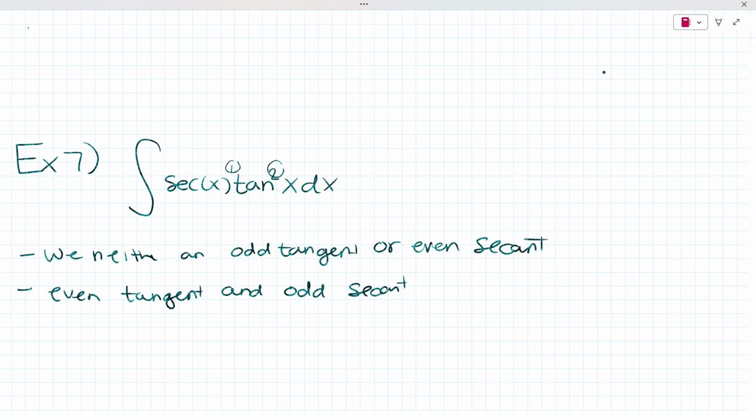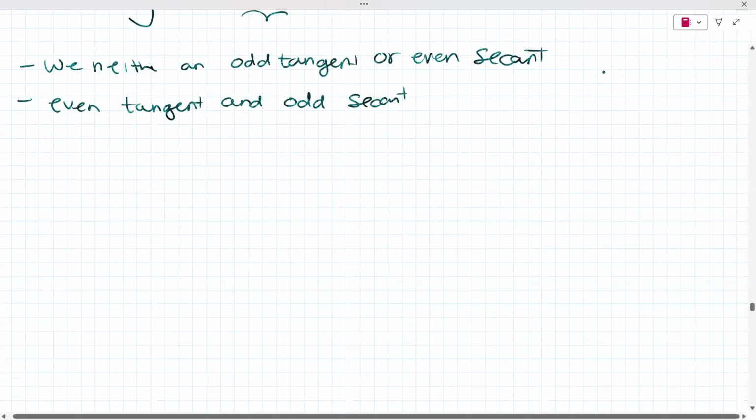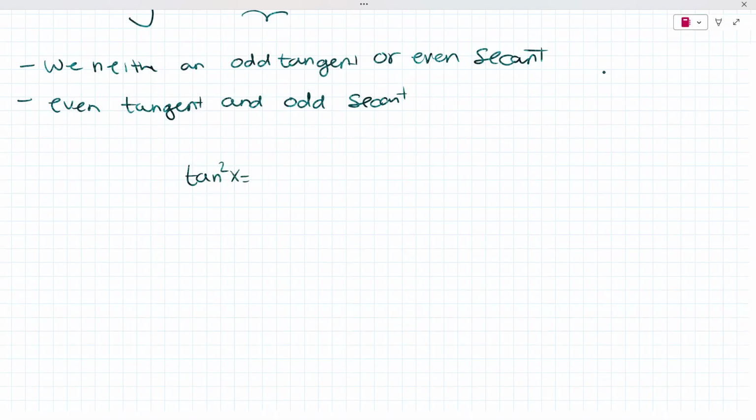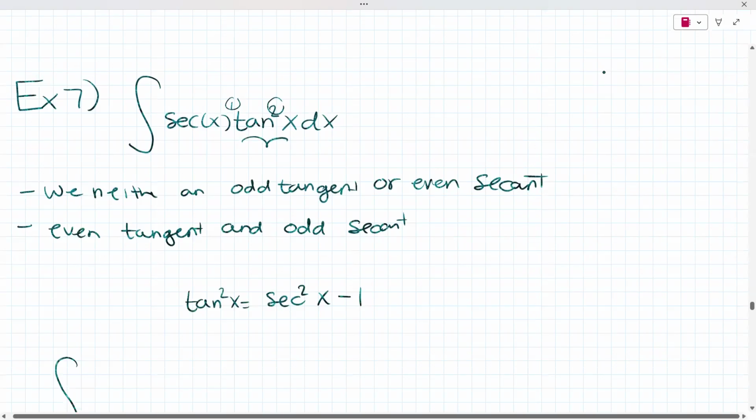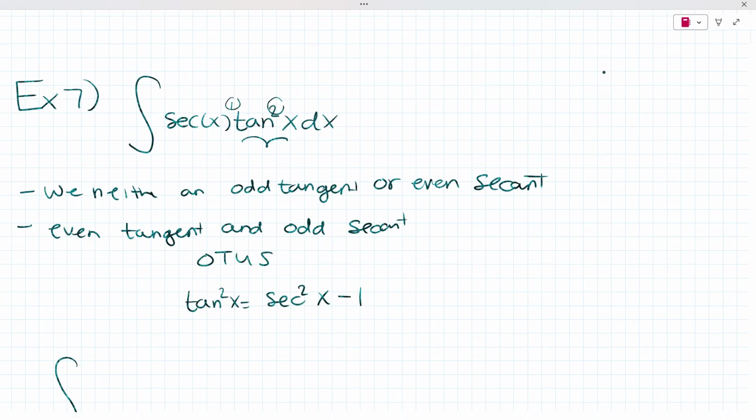What we'll do is use one of our identities. Let's start with tan square of x. What can we reduce tan square of x to? Secant square of x minus 1. So I'm just going to have to use some identity and simplify it.